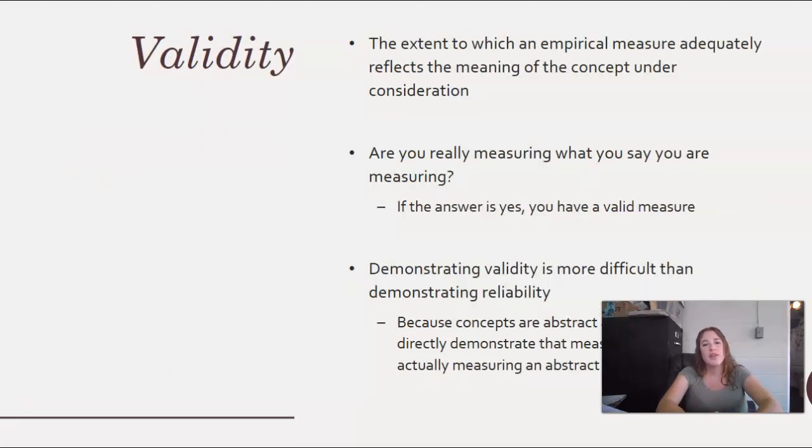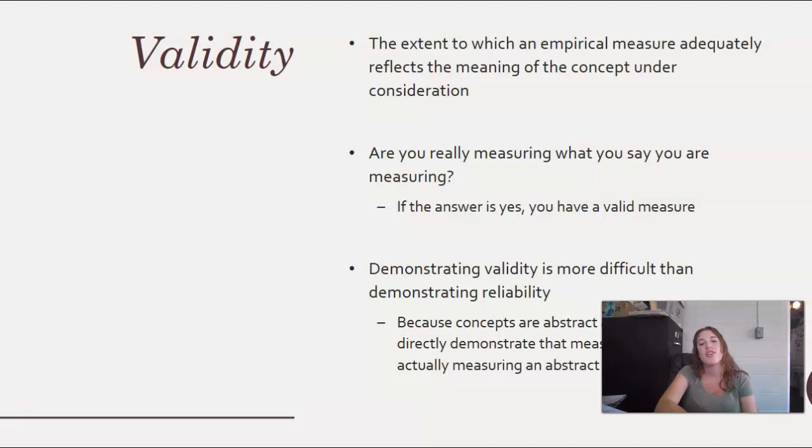Validity talks about the extent to which an empirical measure actually reflects the meaning of the concept that we're considering. So we want to know, are our measures actually measuring what we think they are? Does our operational definition accurately reflect the concept we're interested in?